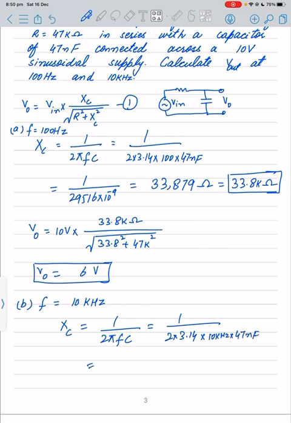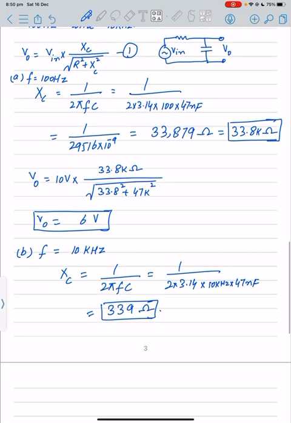After solving it, the value of the XC comes around 339 ohms, and when you input it into equation number 1, your V output will come around 10 into 339 divided by the square root of 47 kilo ohm square plus 339 square.